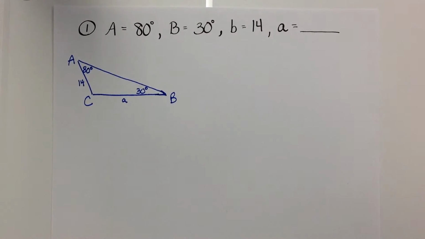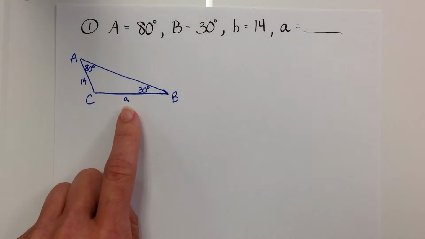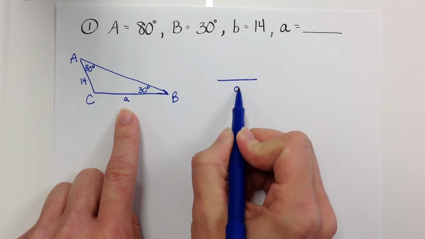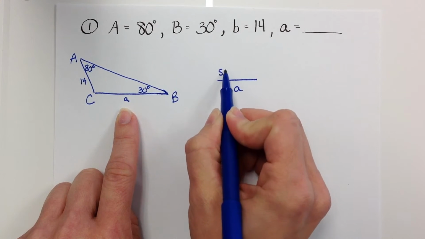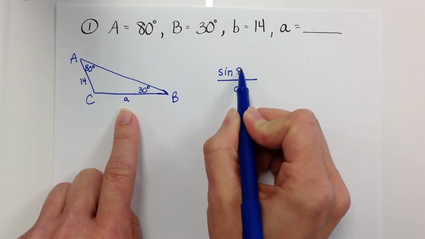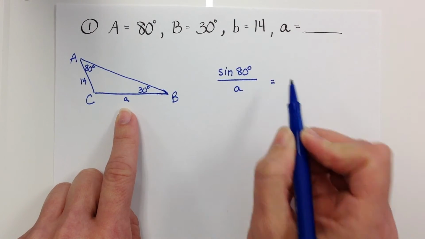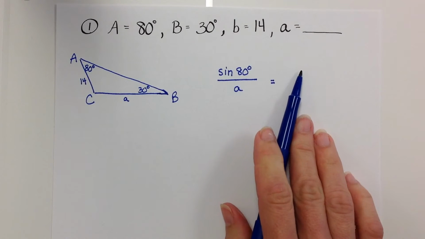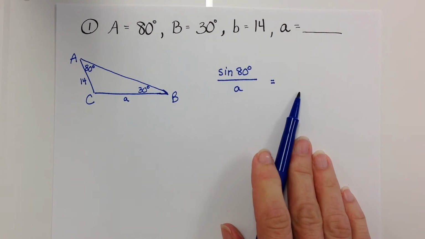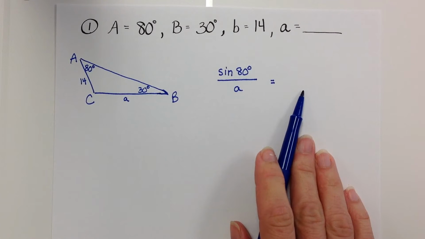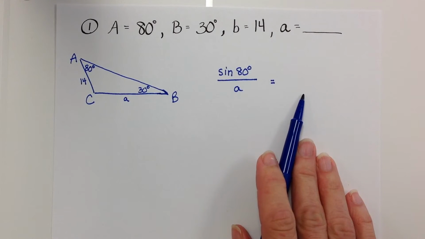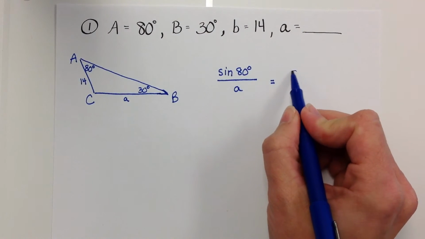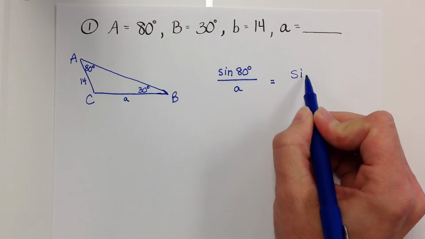Using law of sines, since I'm trying to find side A, the numerator has to be sine of angle A. For the other ratio, you have to know the angle and the side, which you do. You know angle B and you know side B. So that will set up your other ratio.